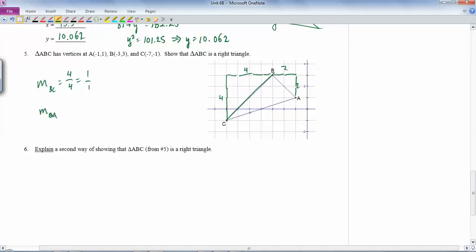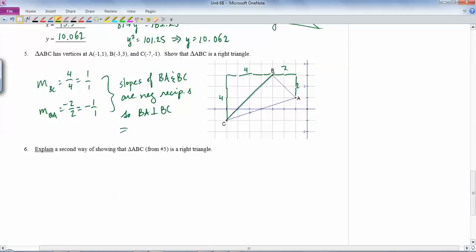Slope of BA is going to be 2 over 2, but notice it's downhill, so it's actually negative. And the slopes here of BA and BC, they're negative reciprocals. So that means that BA is perpendicular to BC, and that means that triangle ABC is a right triangle.